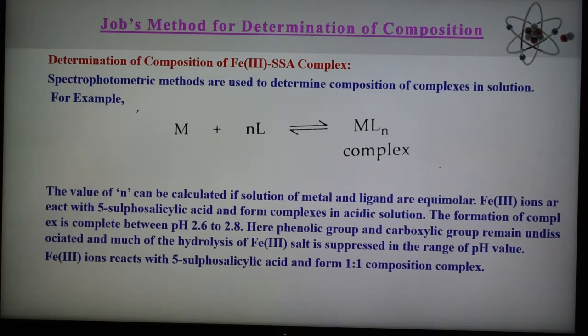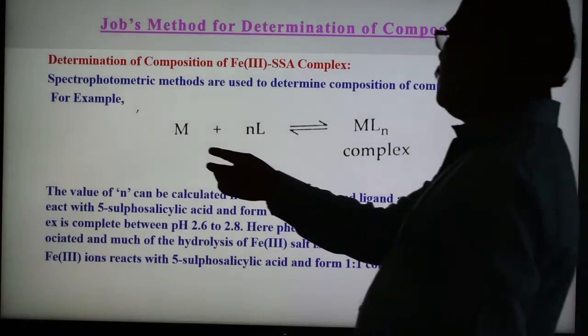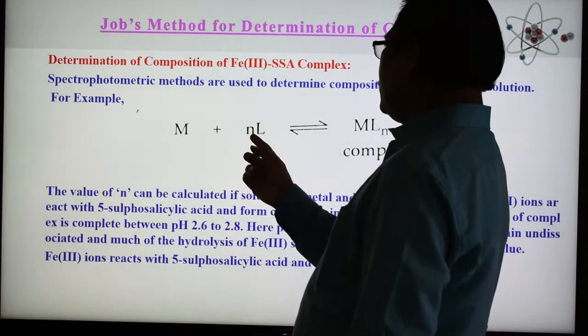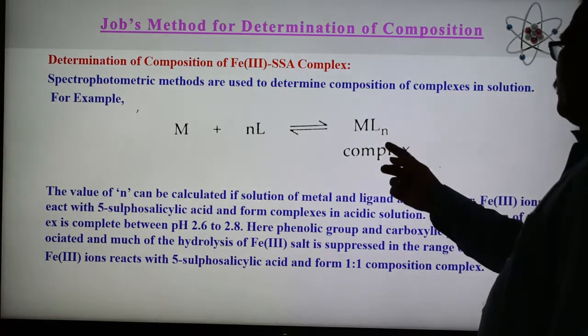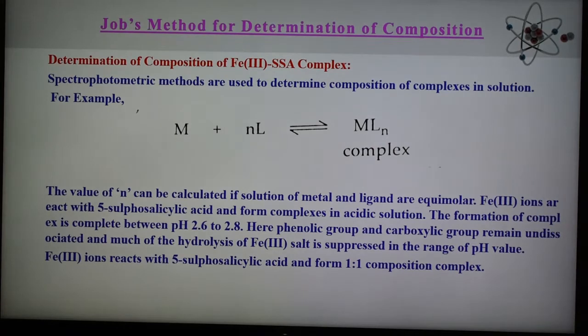An example of complex formation is the general reaction: metal reacts with n number of ligand forming the MLn complex. So this is the general reaction, metal plus ligand forming the complex, and here the value of n can be calculated if the solutions of metal and ligand are equimolar.